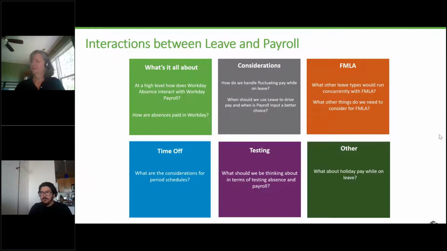So for testing, because there is a lot of overlap between absence and payroll, we need communication there and we need coordination. It's important that you're testing retro events, retro absence transactions. You're testing overlapping events. As we mentioned earlier, a common scenario is leaves overlapping, concurrent leaves, time off requests overlapping with leave events to supplement pay. And then, of course, testing in periods that have a holiday.